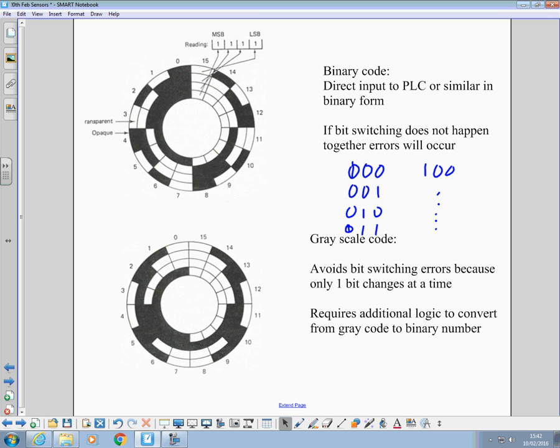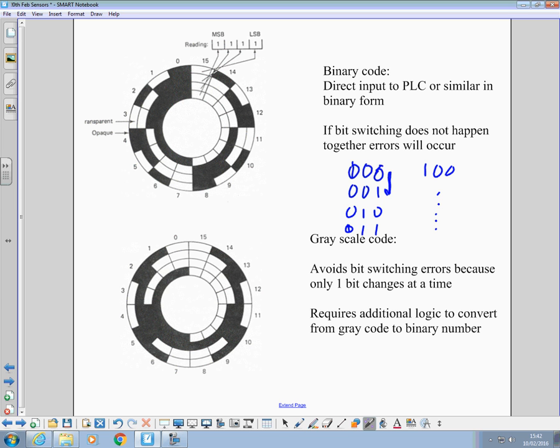Okay. Now, the issue with that is, if you've got 2 bits changing at the same time, and they don't change precisely together. So if we look here, this is okay. We've got 1 bit changing between. On that code here, we're only changing this 1 bit.